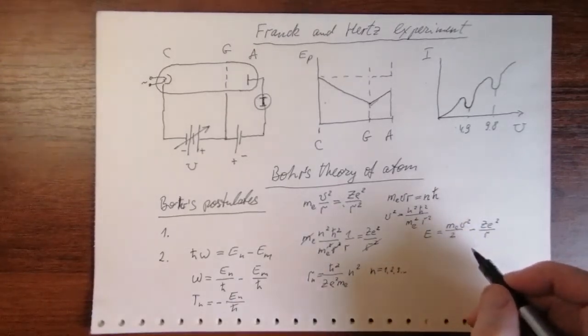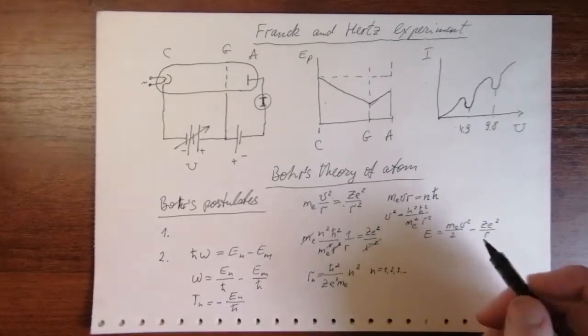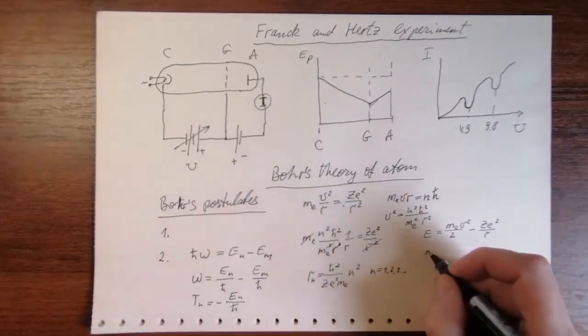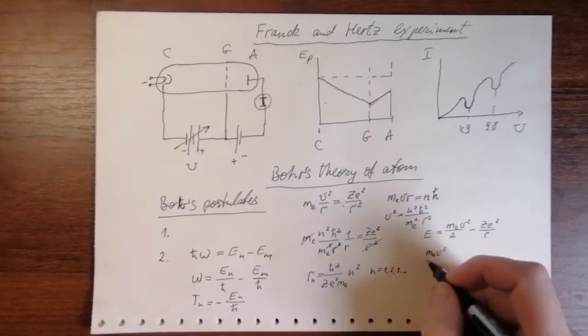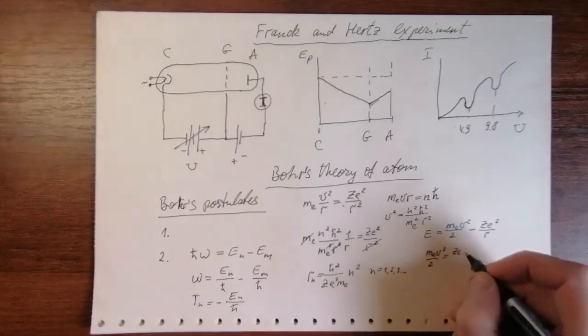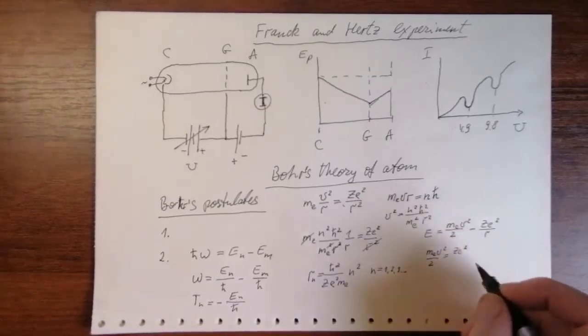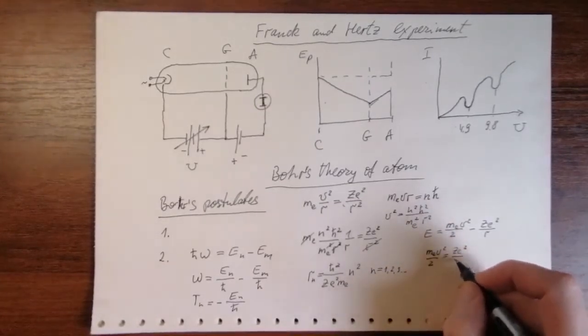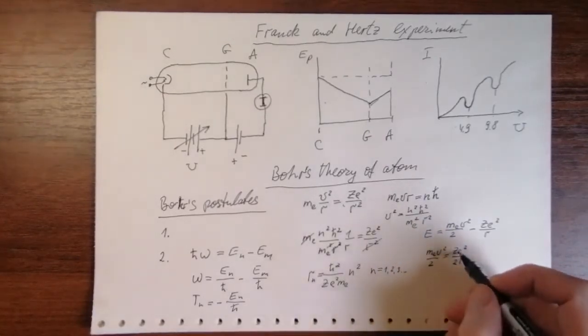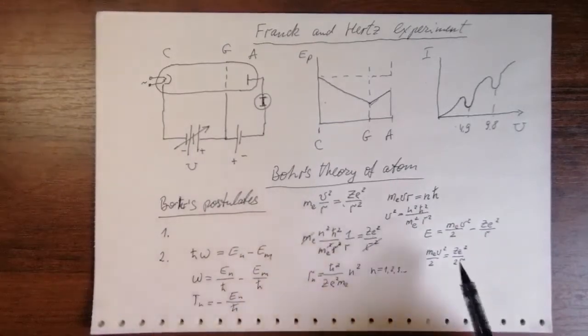Now from this we have that me v squared over 2 is z e squared over 2r. So I used this equation in order to obtain this term.